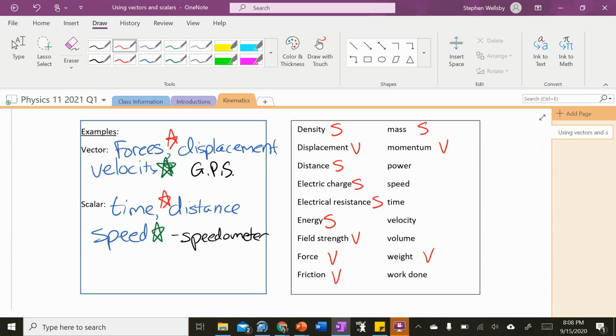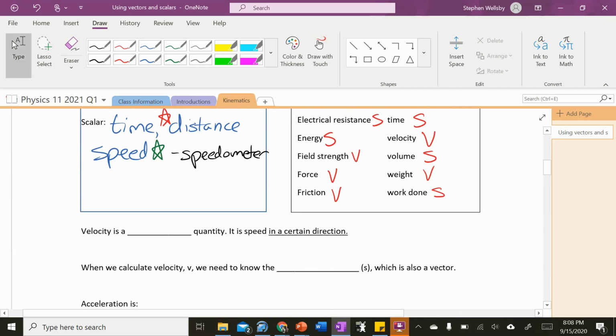Power, which is related to energy, is just the rate of energy transfer. This is also a scalar, just like energy. Speed's a scalar, it's not giving us a direction. Then scalar, vector, scalar, and work done is just another way of saying energy is being transferred, so it's also a scalar.